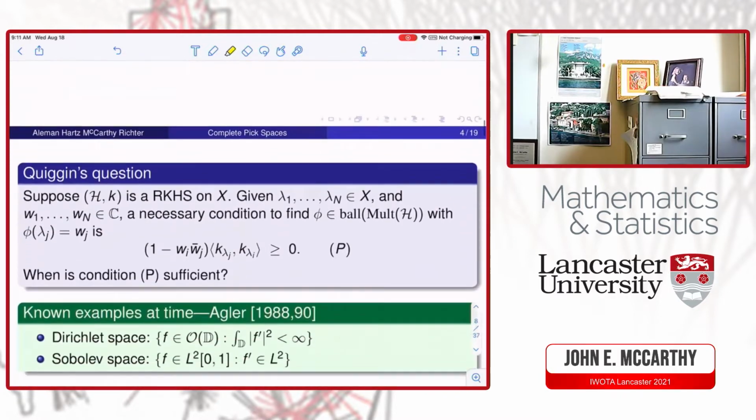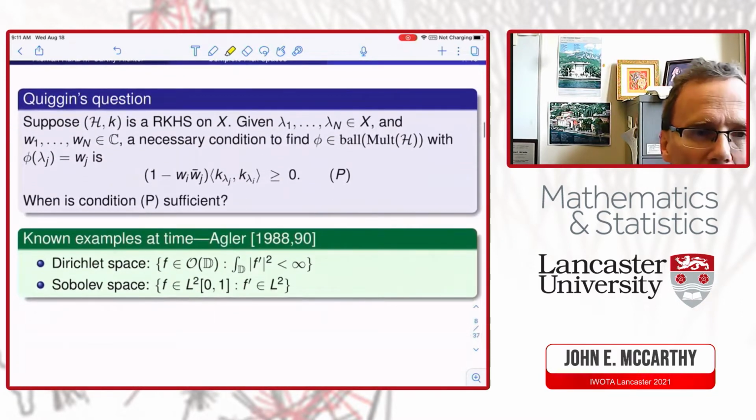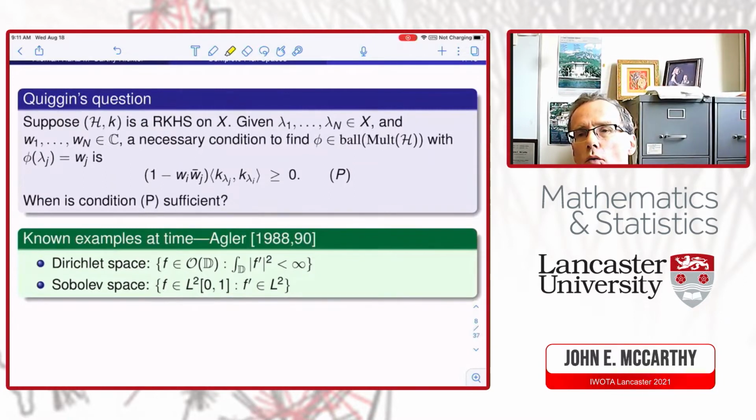And it wasn't entirely out of the blue. There were spaces other than the Hardy space for which the answer was known to be true. There were two known examples at the time, both due to Jim Agler. One is that the theorem is true in the Dirichlet space, the holomorphic functions on the unit disk whose derivative is square integrable with respect to area.